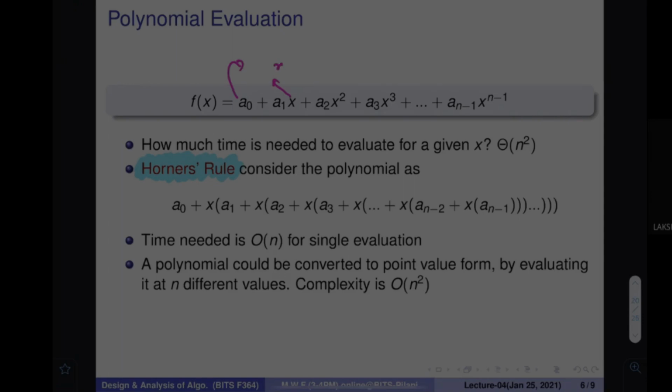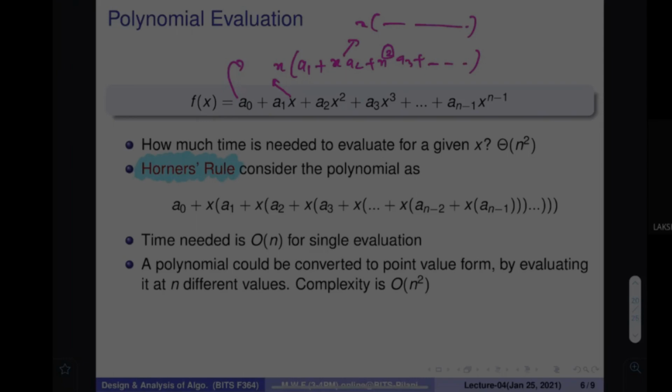I can say x multiplied by a1 plus, let me write the x first, x multiplied by a2 plus x square a3 plus and so on. Here again, inside, you can take x out and write the remaining part where the power is reduced.